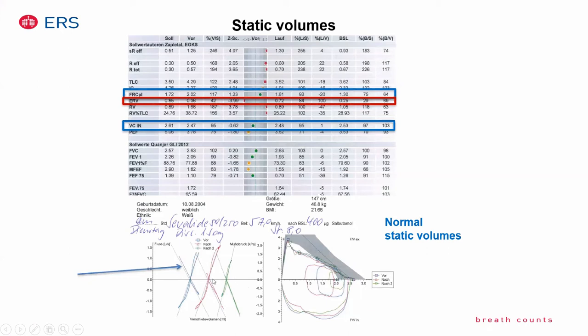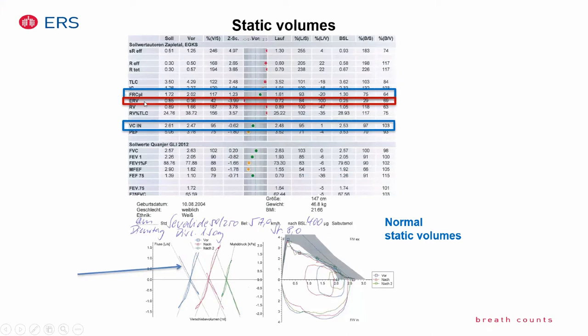In comparison to all the other volumes, this is really suspiciously low, and maybe an indication that although the curves look quite regular and reproducible, the breathing maneuver was not quite good. And as the residual volume is calculated from FRC minus ERV, you will get a falsely elevated residual volume, an impression of hyperinflation and trapped gas, although this might not be the case.